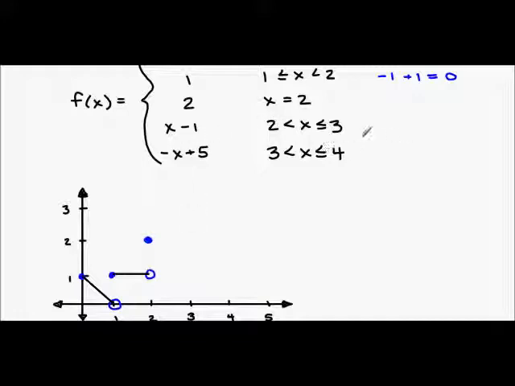Then we have between 2 and 3. So if we plug in a 2, we have 2 minus 1 is 1. Plug in a 3, so we have a point (2, 1). That's an open circle, and then there's already one there. (3, 2) right here, closed circle. Okay.